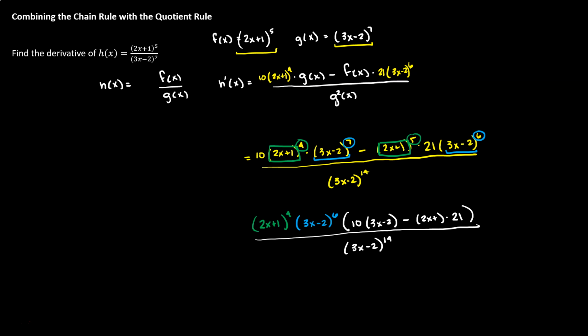Now, writing it like this, I can see that there's common factors in the numerator and the denominator. I have 6 of the 3x minus 2's on top and 14 of them on bottom. So what I can do is divide all of them off of the top and reduce 14 by 6, leaving 8 in the denominator as my exponent. And then in the numerator, I can distribute my product.